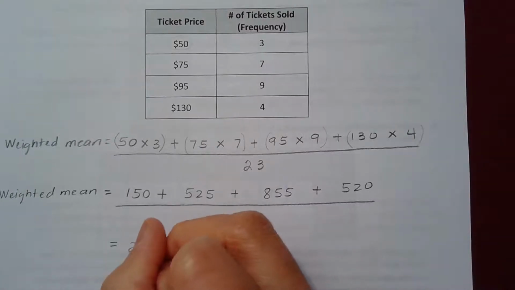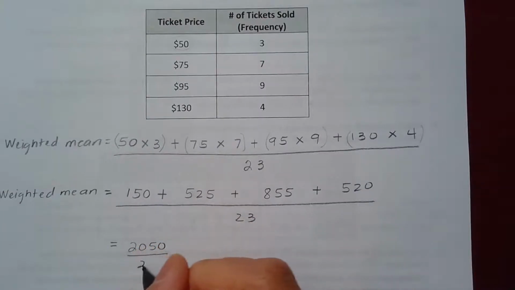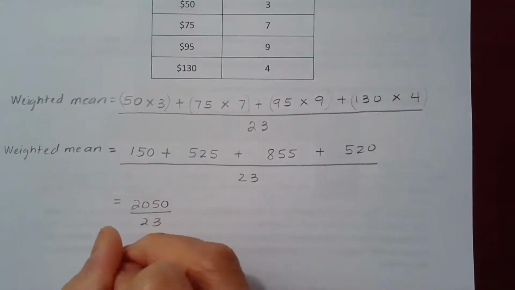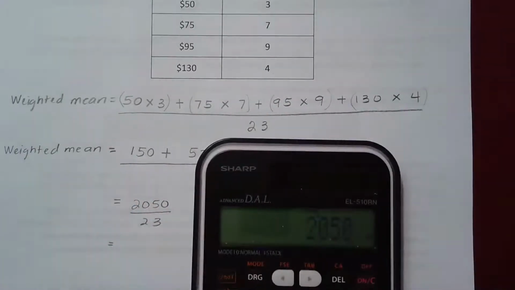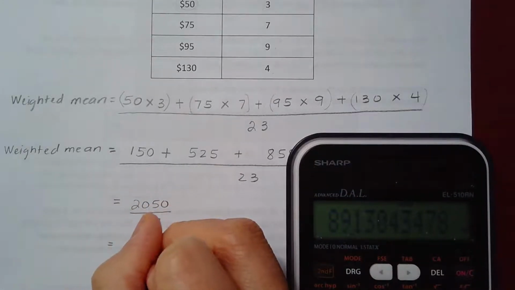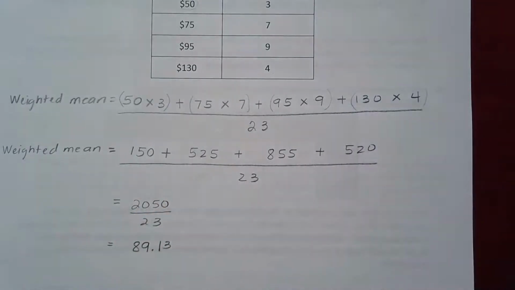It is 2050 divided by 23. Divided by 23 is 89.13.